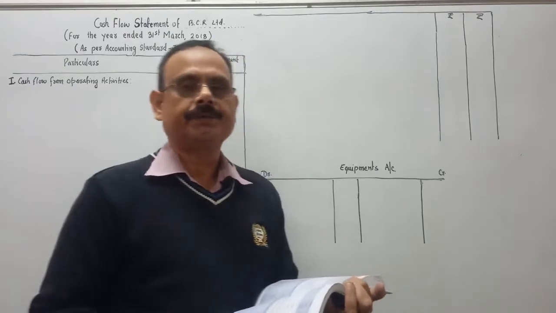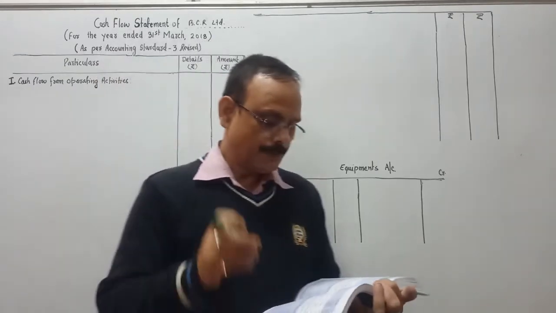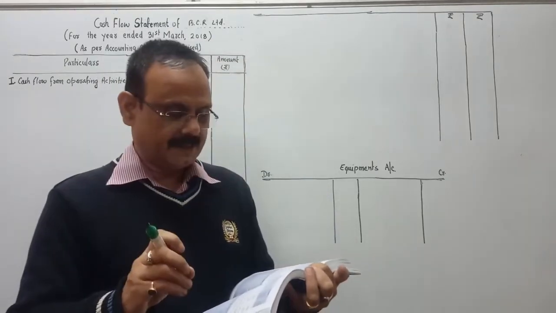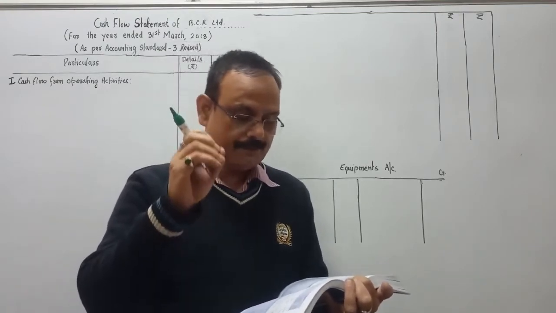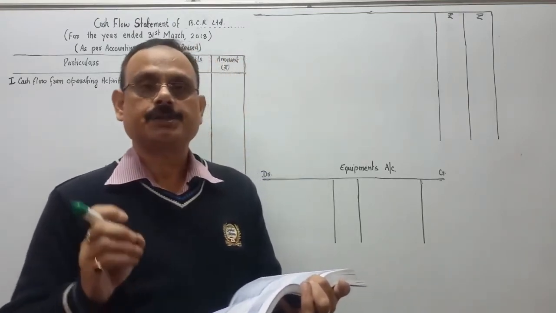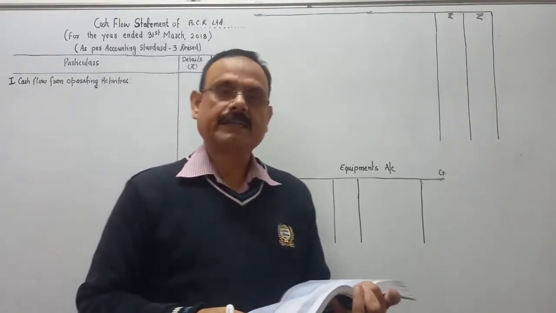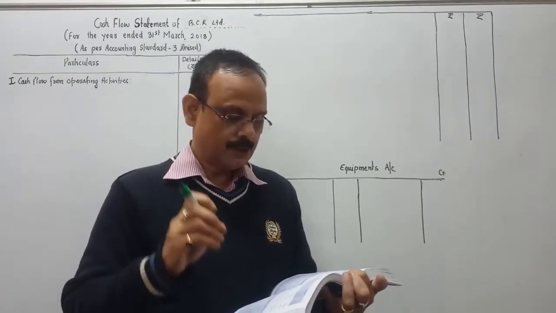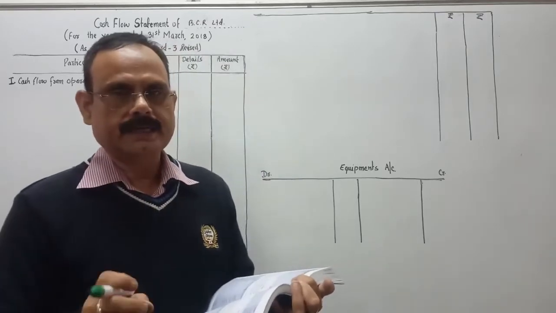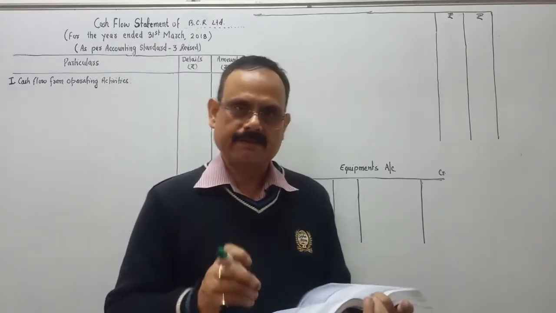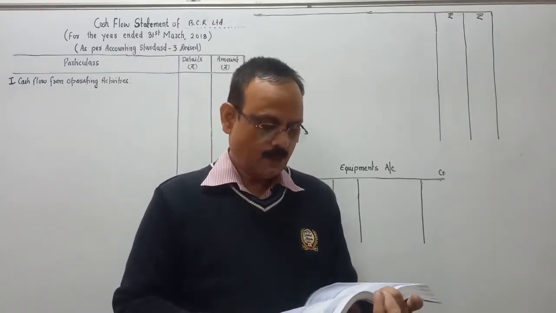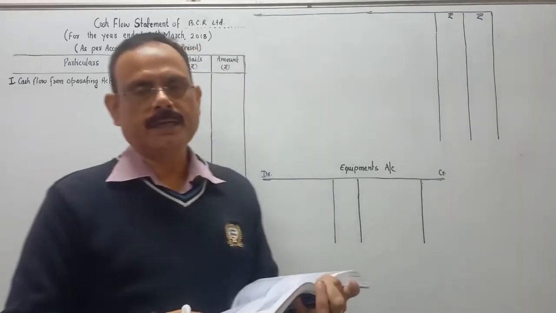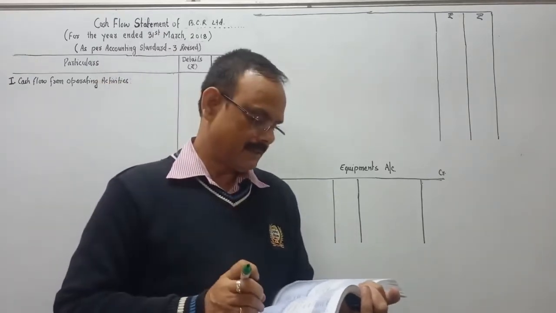Thereafter, in additional information, it has given proposed dividend for the previous year, proposed dividend for the year ended 31st March 2018 was at the rate of 12%, and for the year ended 31st March 2017, means previous year, was 10%.